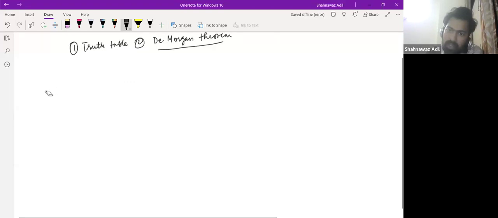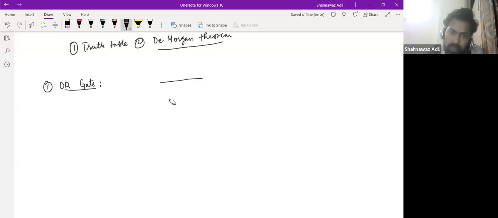The first one is the OR gate. This is the diagram, and this is how it is represented. There would be two inputs, let's say this is A, this is B, and this is the output that you are getting.